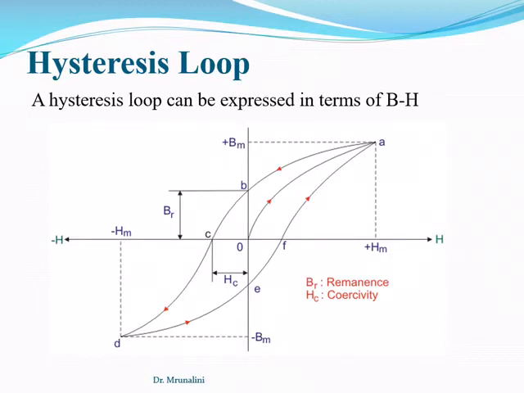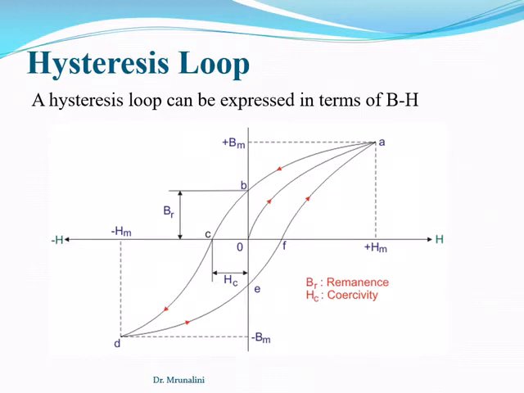The curve begins at the origin, that is O. As H is increased, field B begins to increase slowly, then more rapidly, and finally attains a saturation value and becomes independent of H. That is, we get a curve from O to A.